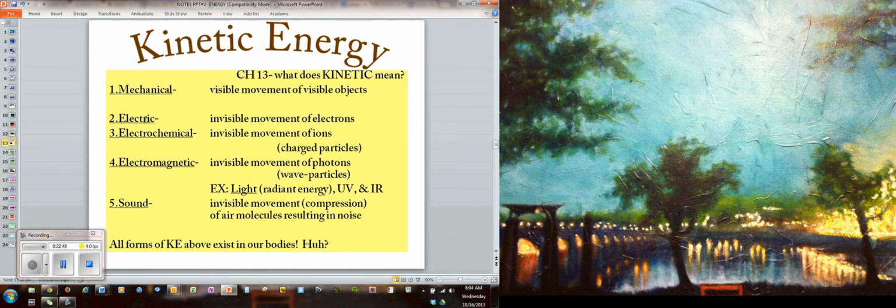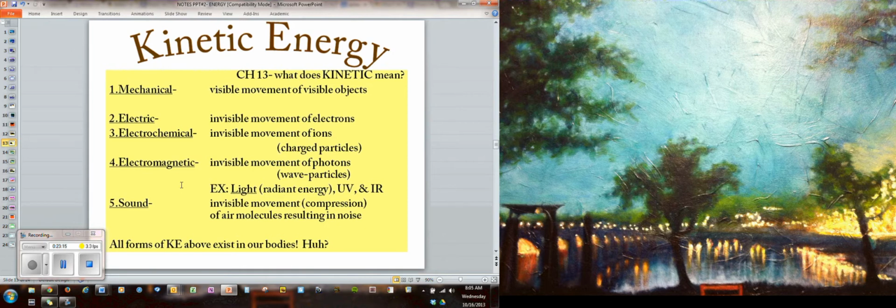If you did not know, electricity is the movement of electrons through wires. Electrochemical is going to be the movement of ions, which are charged particles. They can be atoms that are charged, individual atoms, or they can be molecules. They're not electrons, though, generally. Yeah, I guess we can have single electrons there too.